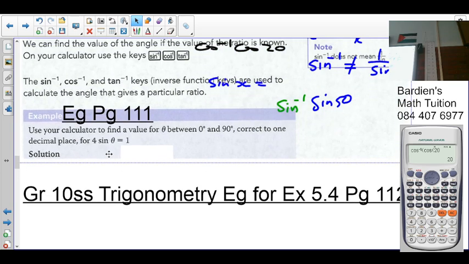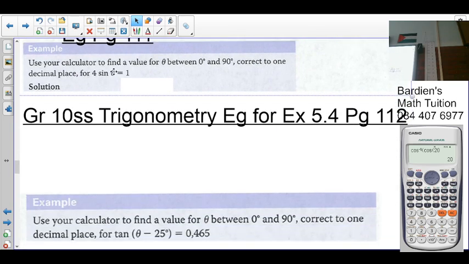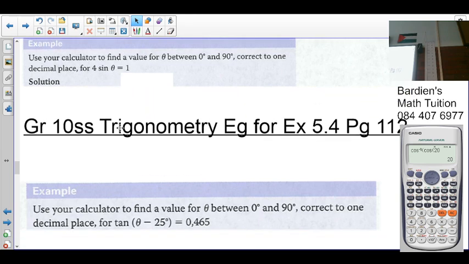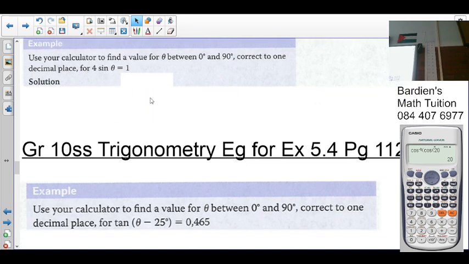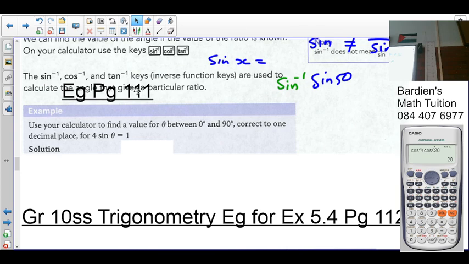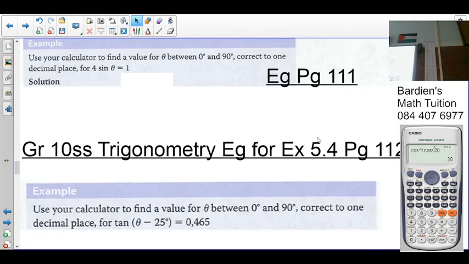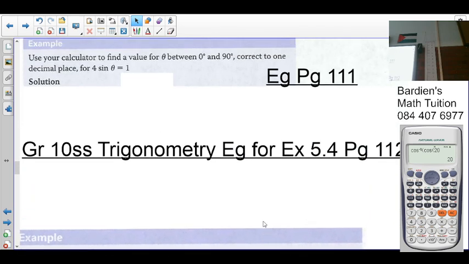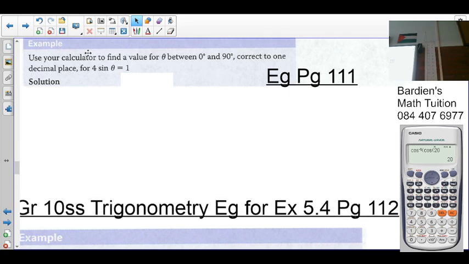The question says use your calculator to find the value of theta between 0 and 90, correct to one decimal place, for 4 sine theta is equal to 1. So my first step is to get that sine, the ratio, on its own.